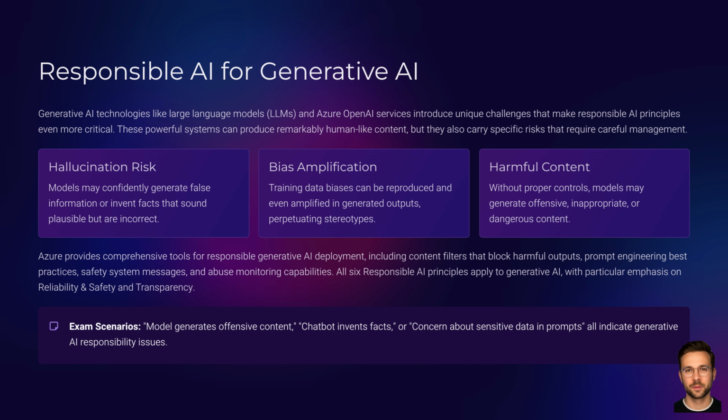implement responsible AI principles. Responsible AI for generative AI includes fairness, checking if generated content is biased against specific groups. Reliability and safety, reducing harmful outputs, monitoring hallucinations, and using safety filters.